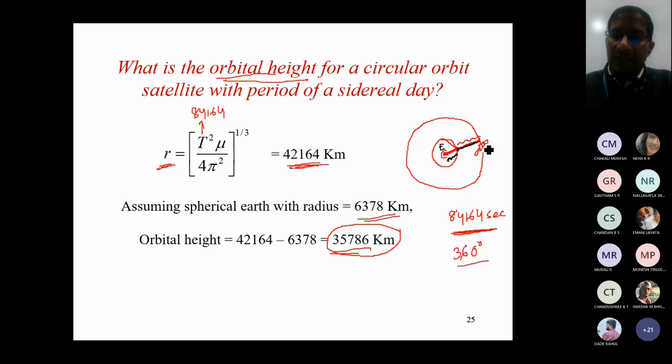So a satellite located at an orbital height of around 36,000, or more precisely 35,786 kilometers, is relatively stable with the Earth's surface. Because the satellite and the Earth take equal time to make one complete rotation, that time is 84,164 seconds.